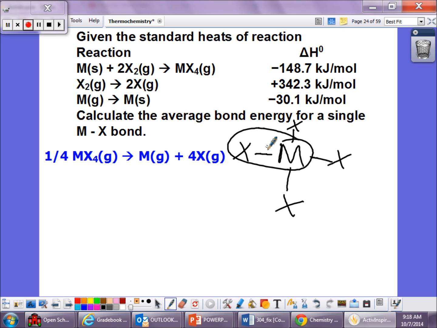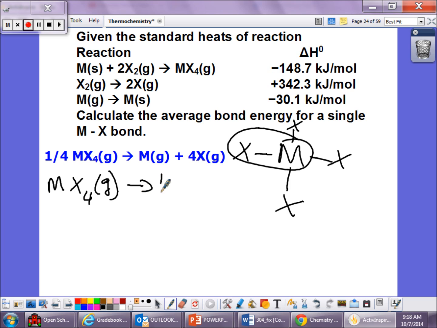So let's see how we would do it. I need the MX4 to be on the reactant side, so I will go ahead and flip the first equation. If you would get your calculators ready for me, please. So this is MX4 gas. We said yesterday the state is important.